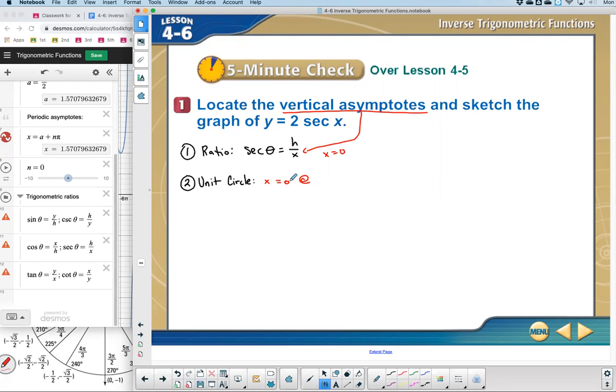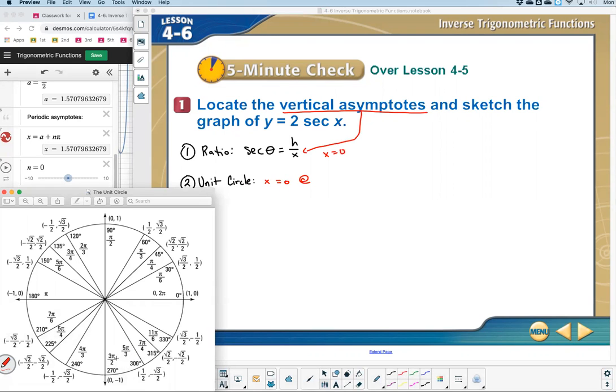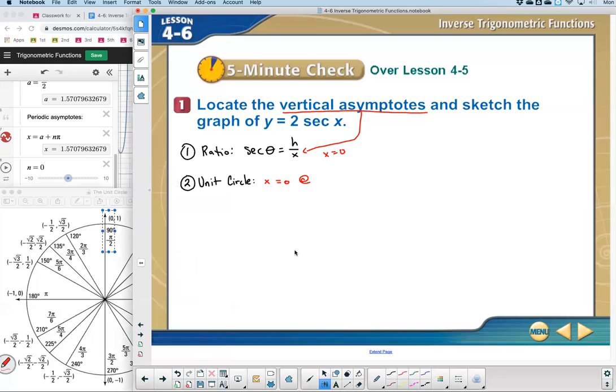So what angle does x equal 0 at? Using this unit circle here, I would go around until I found an x value of 0. Remember, every coordinate point is x comma y, so I'm just looking for 0, specifically the very first 0 that's an x. The angle that it occurs at, in terms of radians, not degrees, is pi over 2. And that's where this occurs.